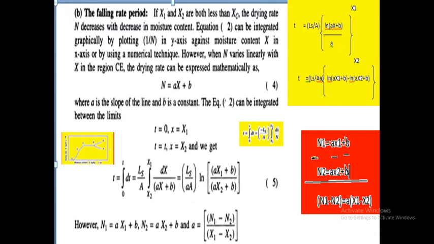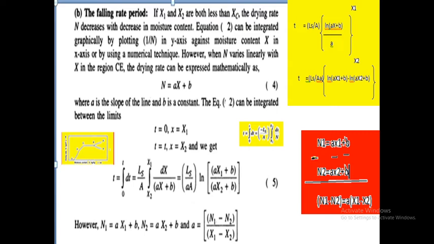So the integration limits are X2 to X1, that's why it is positive, dx divided by capital N, Ax plus B. Are you clear or not? Okay. So here Ls by A is a constant, and the integration term is dx by Ax plus B. So it comes as Ls by small a into capital A, ln of (AX1 plus B) by (AX2 plus B).